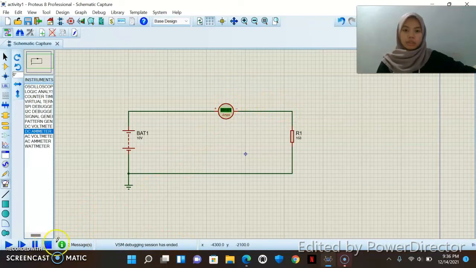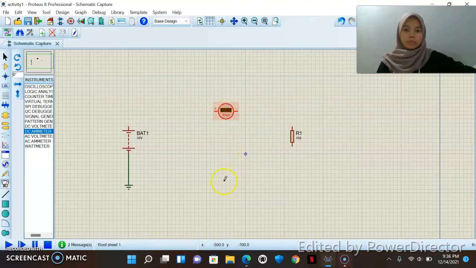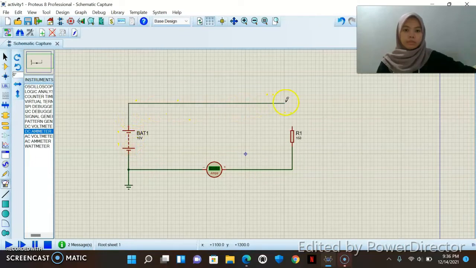So we proceed to after the load. And the current after the load is still 0.06.